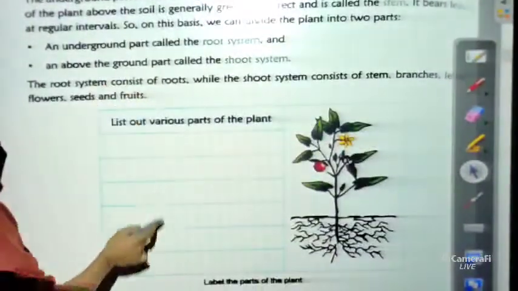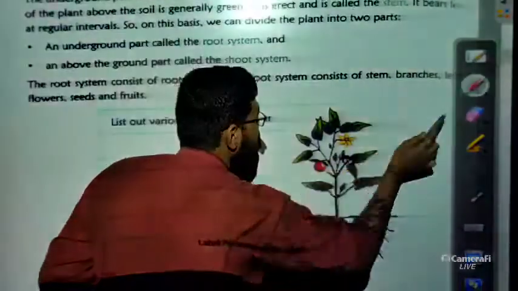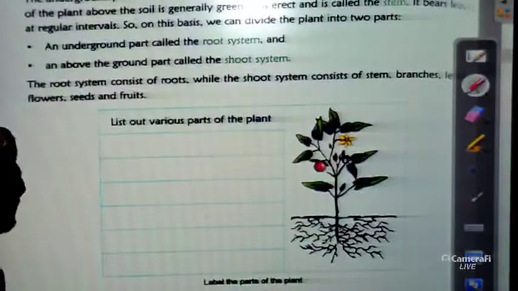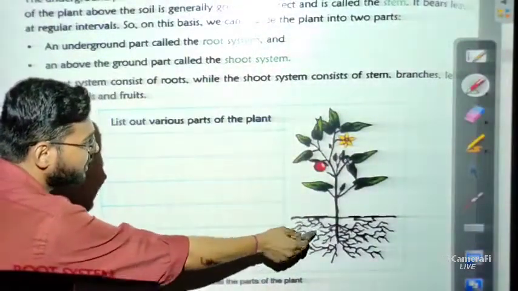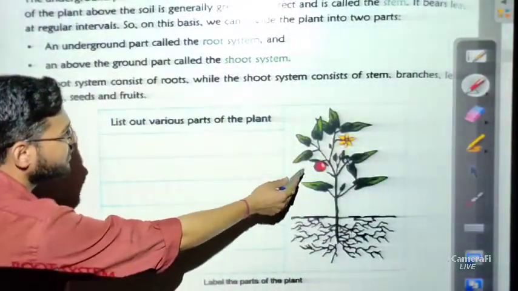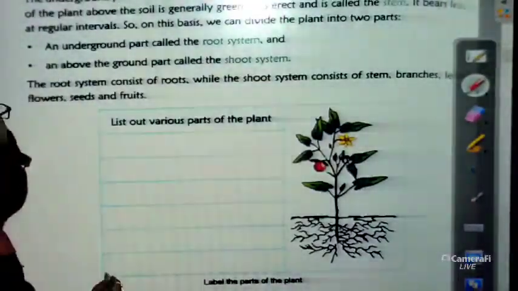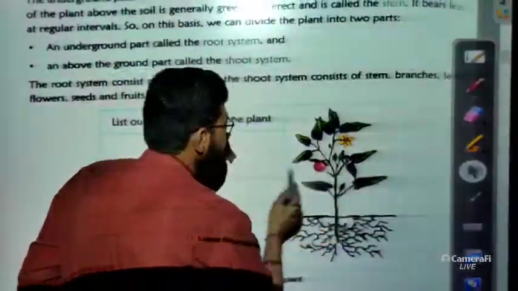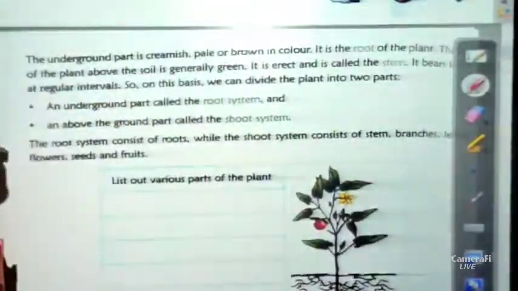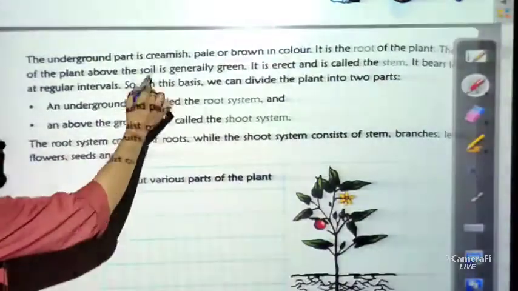Just have a look. This is the list of parts of the plant, so you can easily label which one is branches, which one is root, which one is fruit, which one is flower, which ones are leaves. Basically the underground part is creamish.